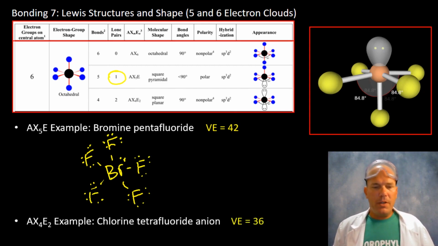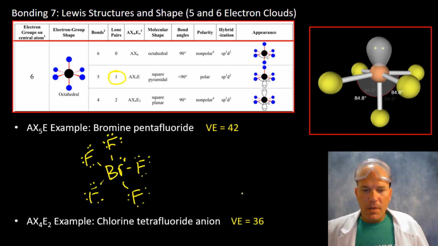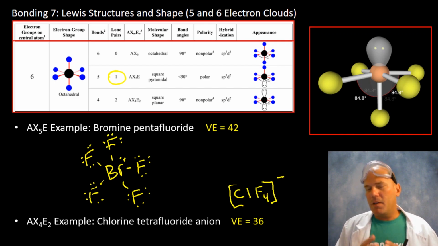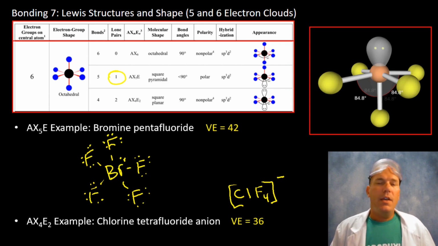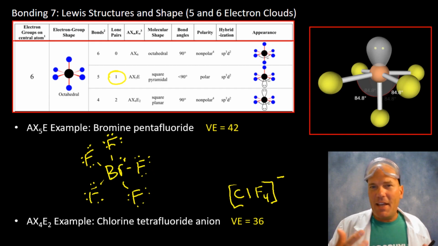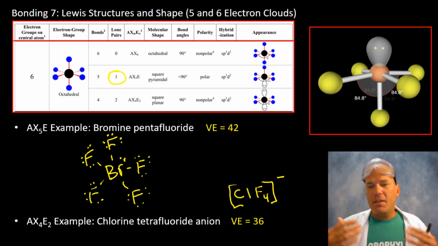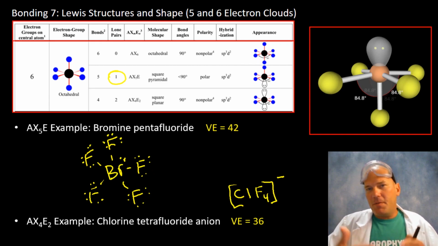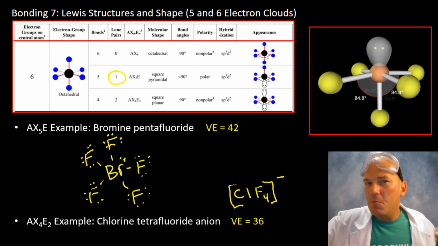All right, chlorine tetrafluoride anion. So this one is an example of a square planar, and I'm just gonna do it like this for the sake of time, and I want you to give this a shot on your own, and we'll talk about it in class. But the key to this one is it's an anion, so don't forget, 7 times 5 is 35 plus 1 electron.